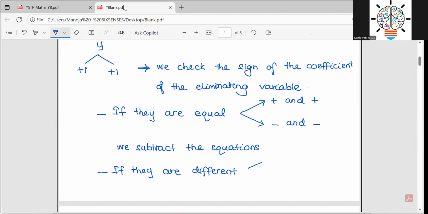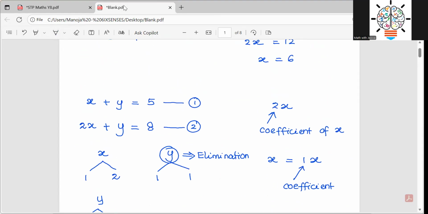How? It can be either plus and minus, or you see the minus 1 first and then the plus 1. Then what we do, we add the equations. Up to this, that is the theory you should know.